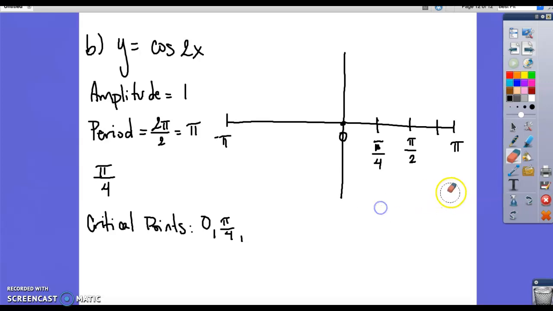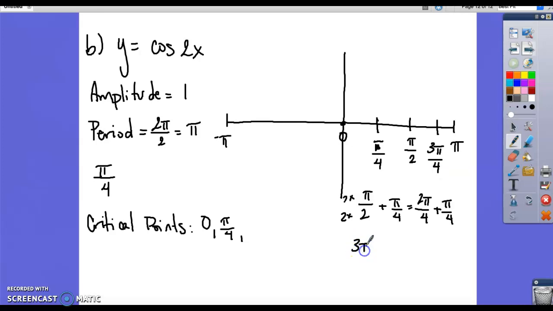Then I'm going to add pi over 2 plus pi over 4. We just said pi over 2 is 2 pi over 4. I need those common denominators to add these; you can also just multiply the top and the bottom by 2. So that is going to be 3 pi over 4.